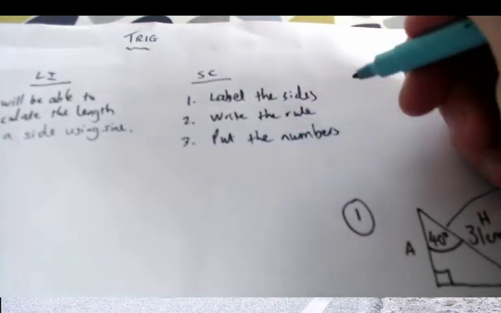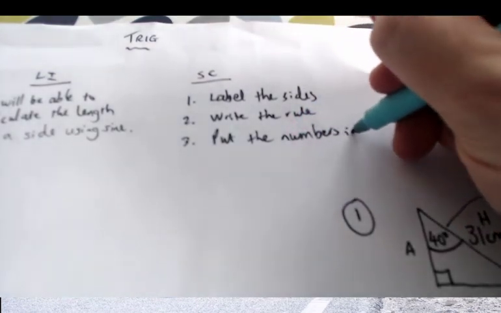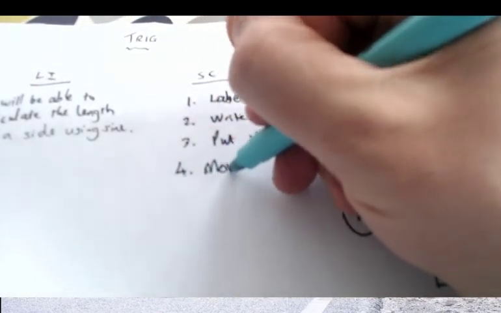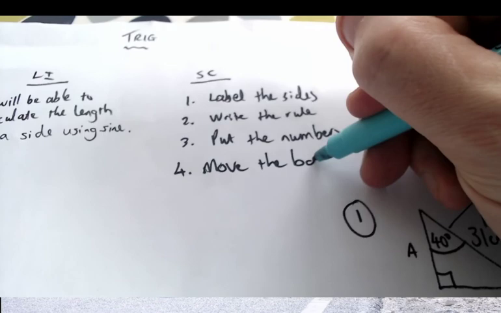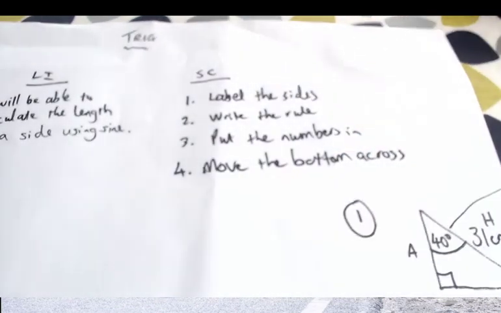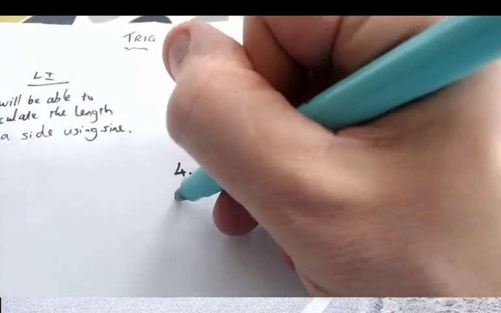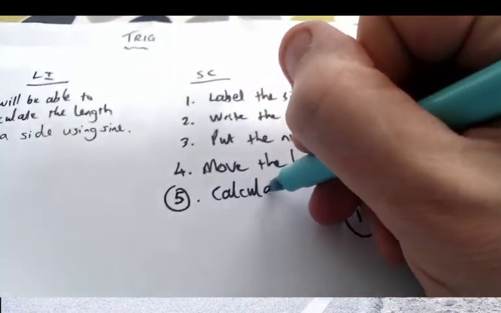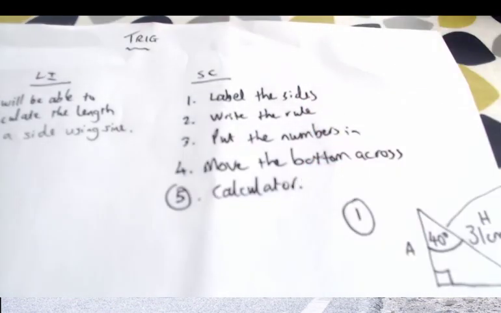So the numbers from the triangle go into the rule. 4, move the bottom number across. So in every one there we had to move this bottom number over to the other side. And finally 5, you need to be able to use your calculator successfully. If you follow those 5 steps, you'll get it right each time.